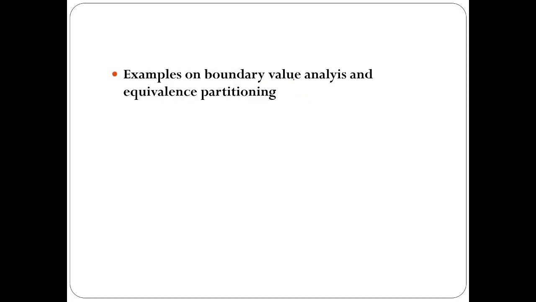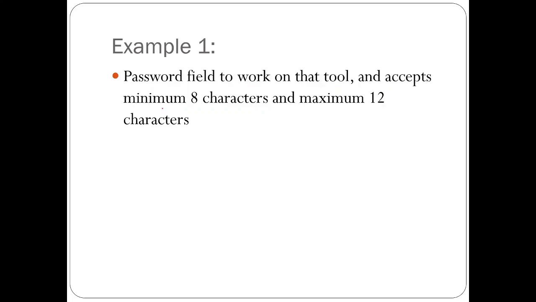Now an example on boundary value analysis and equivalence partitioning, where we apply both. There is a password field which is going to accept a minimum of 8 characters and a maximum of 12 characters.